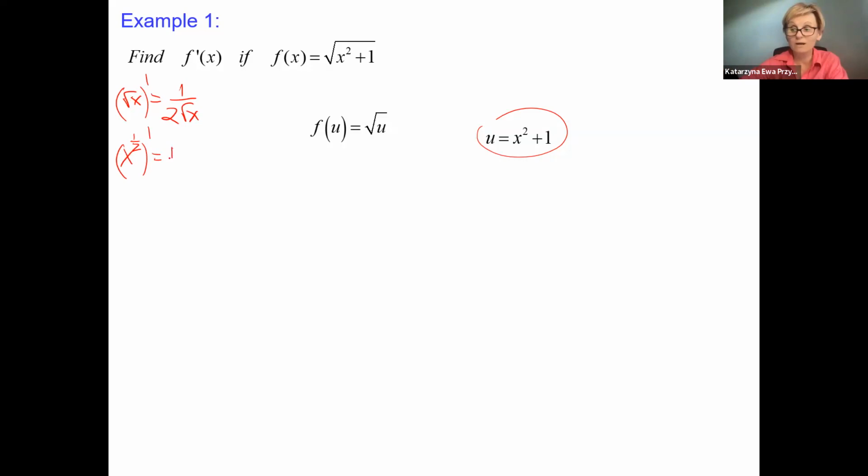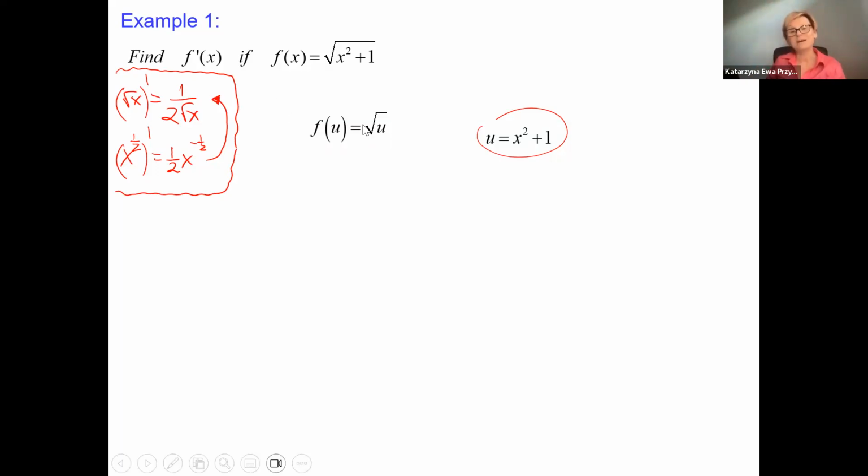The derivative is 1/2 x to the power of negative half, because we're subtracting 1. When I rewrite without the negative exponent, it will be 1 over 2 root x. Square root of x is a quite good friend of ours.